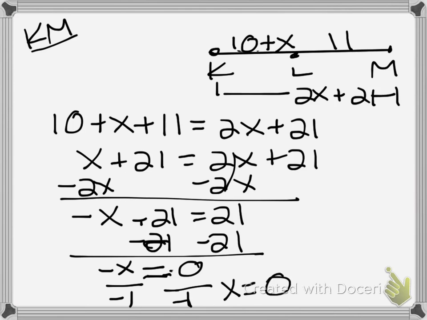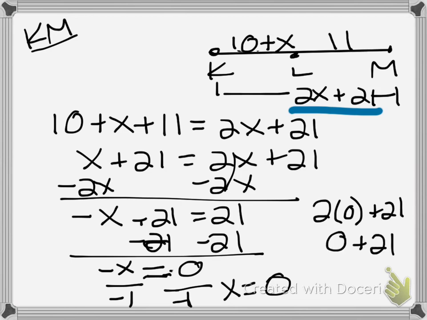Now what we need to do is take that and plug it in for 2x plus 21. So we're going to do 2 times 0 plus 21. Again, the multiplication comes first, so 2 times 0 is 0, plus 21 equals 21 for our KM. And that is our answer.